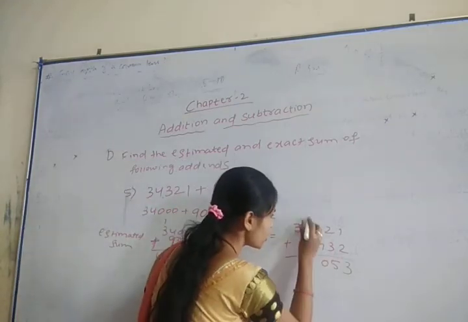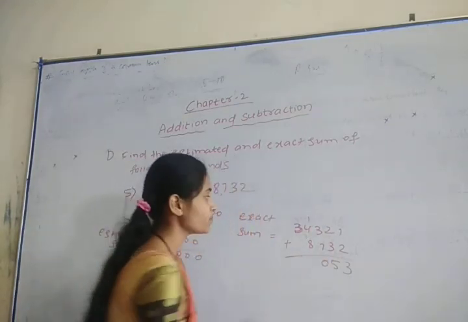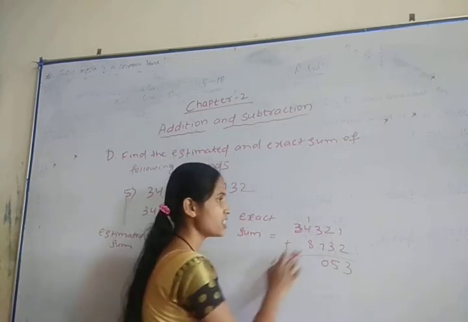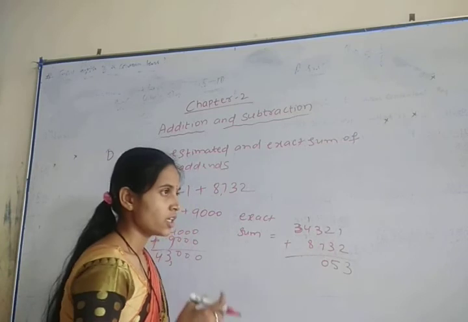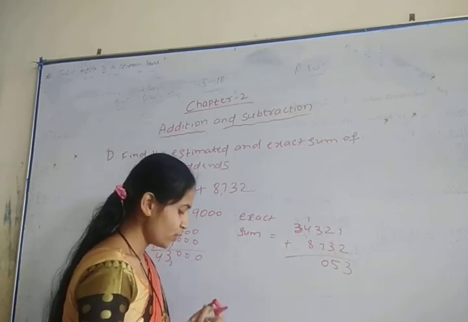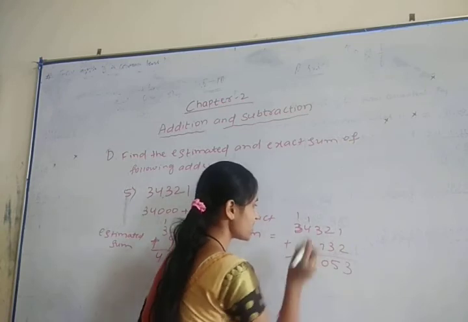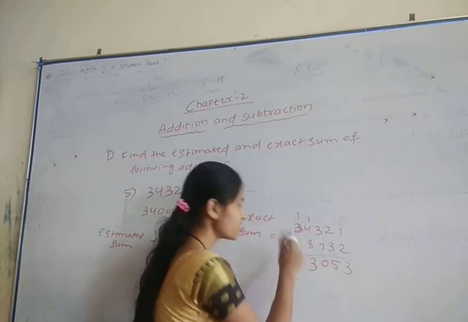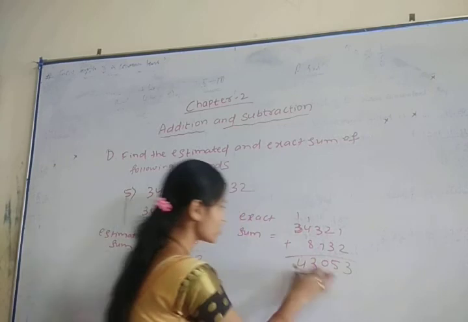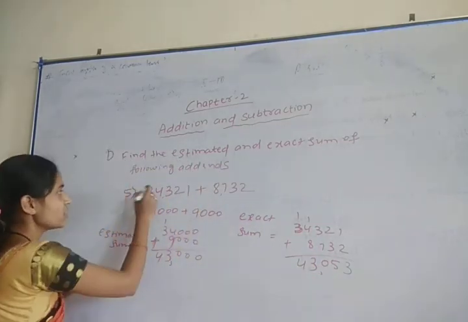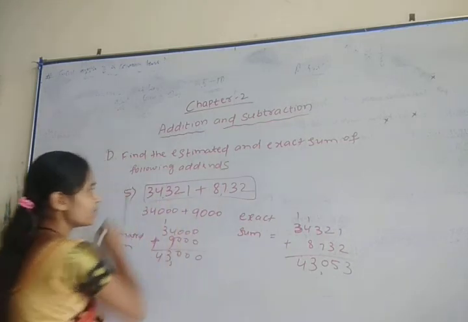Write 0 here. Take 1 as a carry. Now 4 plus 1 is 5. 5 plus 8 is how much? 8, 9, 10, 11, 12, 13. 5 plus 8 is 13. Write 3 here. Take 1 as a carry. Now 3 plus 1 is 4. So this is the exact sum and this one is the estimated sum of these two given numbers.